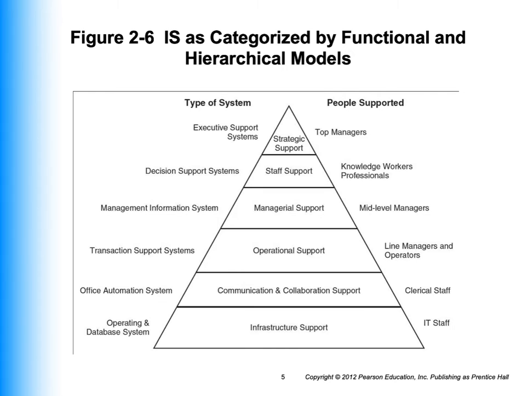On the right we have all the different types of people, management level, mid level, and all the way down. And on the left we have all the different types of system, from the top: executive support system, decision support system, management support system, transaction support system, then office automation system, and lastly operation database.